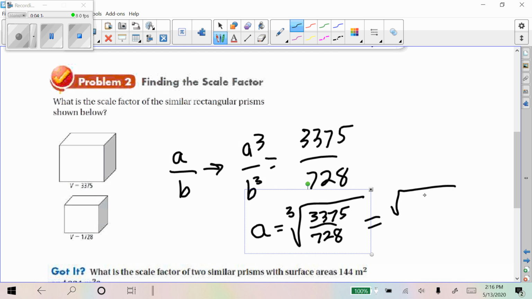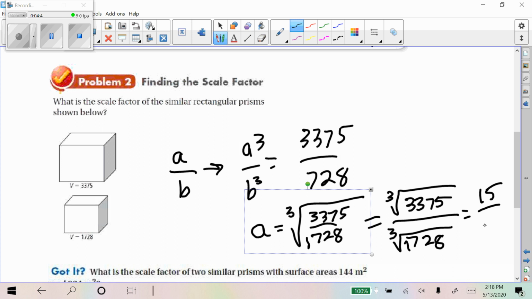Remember that when you're doing a ratio with roots, you can separate those. So you can do the cube root of 3375 separately over the cube root of 1728. And on your calculator, you have to press the math button to find that cube root. And you should have got 15 over 12. I forgot a 1 when I did this, in case you were following along really closely.